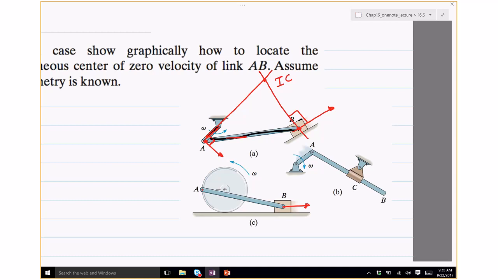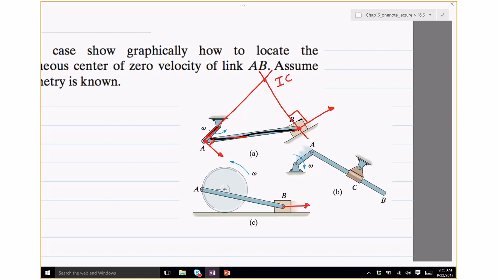So we found the velocity of B. Let's try to find the velocity of A. How do you find the velocity of A? What I would assume is that this wheel is rolling, not slipping. So this point is at rest.